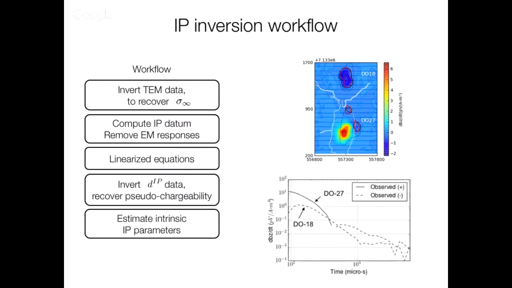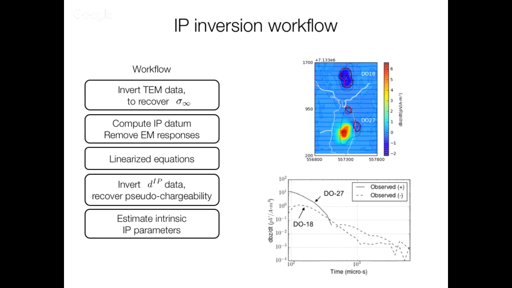So that's how that process works. Now what's the workflow to get this? We're going to invert the time domain data, using the early time to recover an estimate of sigma infinity. Use that to generate the fundamental responses, remove the EM, linearize the equations, and invert those for a pseudo-chargeability.